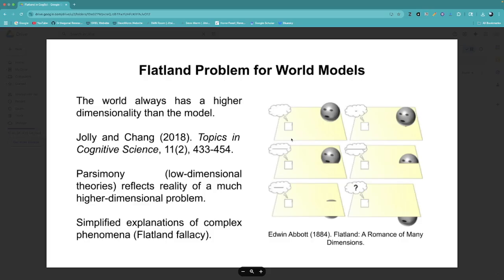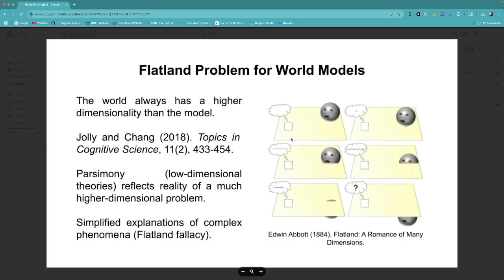And so for world models, there is this Flatland problem, which is that the world always has a higher dimensionality than the model. If we have a world model for agents, that model has a certain dimensionality, which might be an embedding, it might be a formal representation.